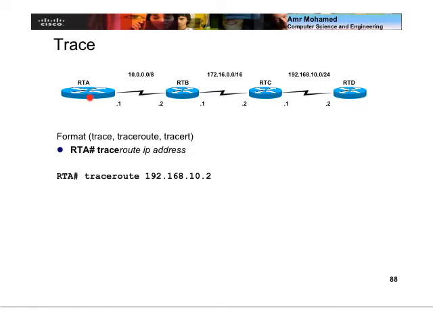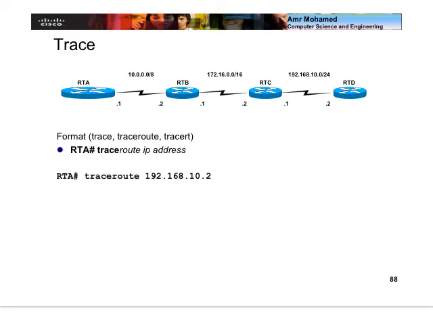Because ICMP itself will give you one reply from the final destination, whether the final destination exists and everything is working fine or not. But we need a reply from every single hop: we have passed through this router, we have passed through this router, and so on.